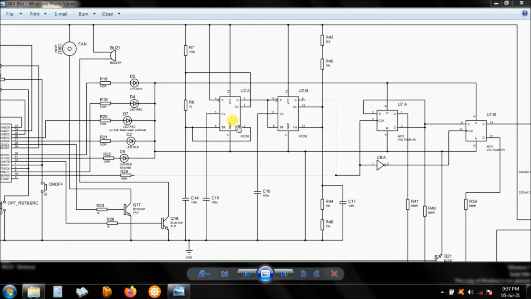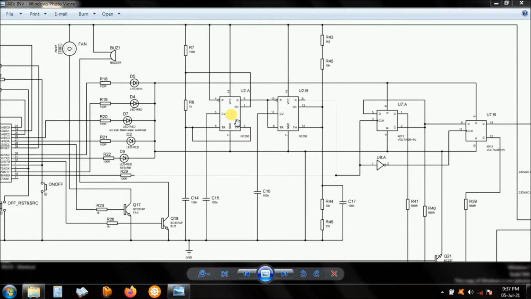Right, the first 555 timer, which is of course one IC, the dual 555 timer IC, the NE556. The first one is basically an astable multivibrator.